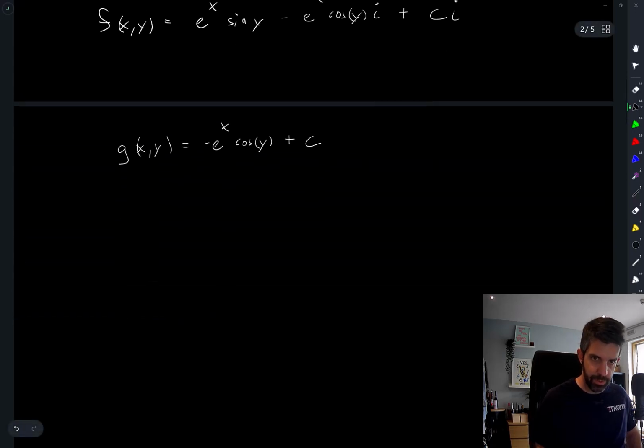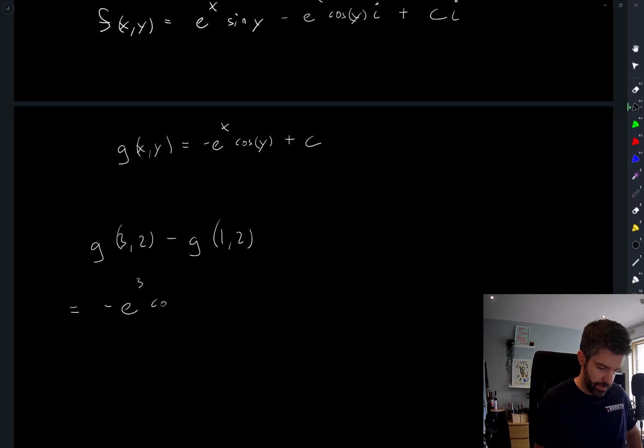And we need to compute g of 3, 2 minus g of 1, 2. So this is negative e to the 3 cos 2 plus c, minus negative e cos 2 plus c.